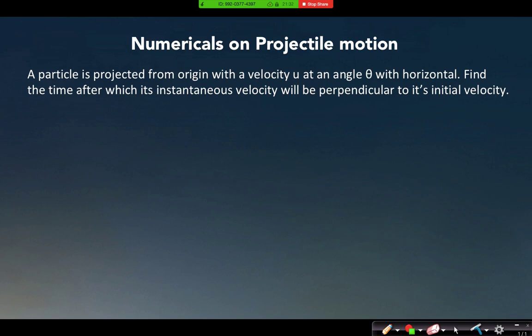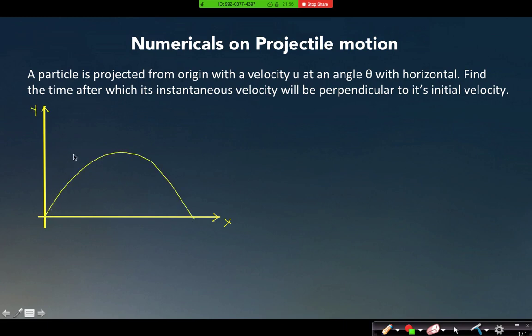So a particle is projected from origin with velocity u. Now this question can actually be done in different ways. Let me first draw the situation and try to understand what the question is all about. Let us assume the particle is moving in the xy plane and following this trajectory. This is the initial velocity u.